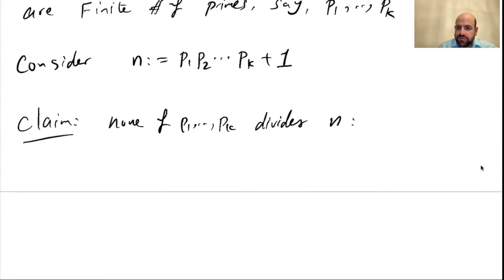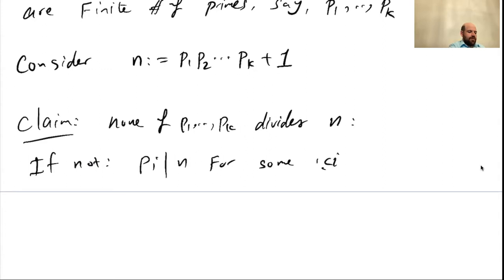If none of these divides n, that means n is not divisible by any prime numbers, and that will be my contradiction. So why does none of these divide n? If not, for example, Pi will divide n for some i between 1 and k.